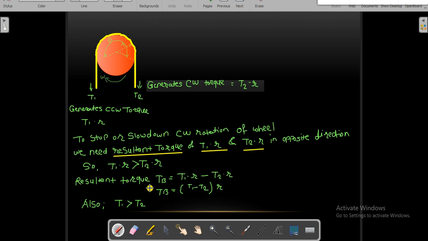So the resultant of this torque will be the braking torque, equal to T1 into R minus T2 into R. So braking torque will be (T1 minus T2) into R. As we know, we have given the name T1 to the tight side and T2 to the slack side of the band, right?